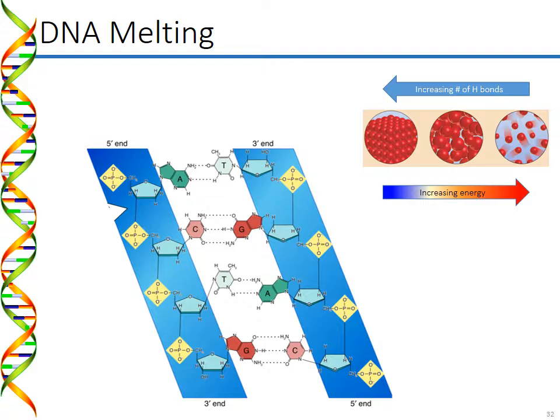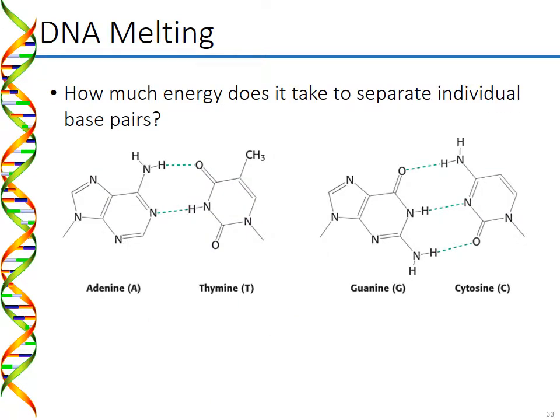So we can do the same denaturing with DNA by applying energy in order to break the bonds that hold together the two different anti-parallel strands. The amount of energy required to break the hydrogen bonds holding the two individual bases together varies based on the base pair. As you can see in the A and T base pair, there are two hydrogen bonds holding the two bases together.